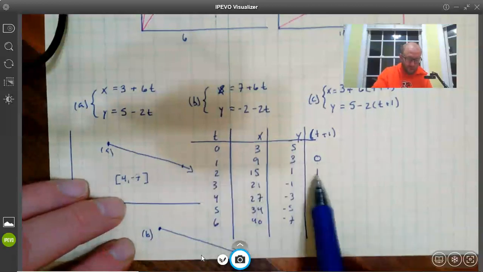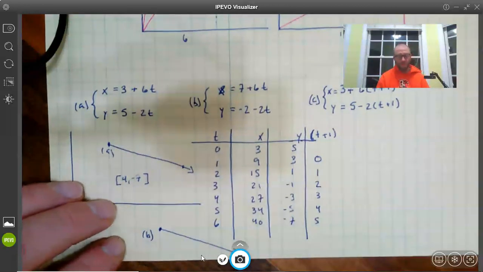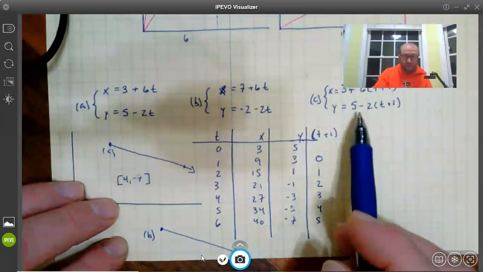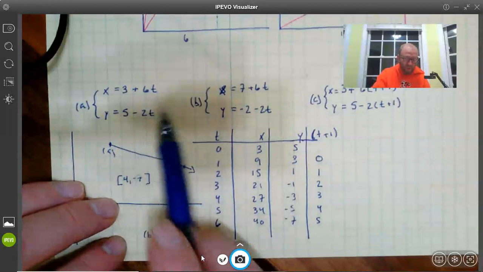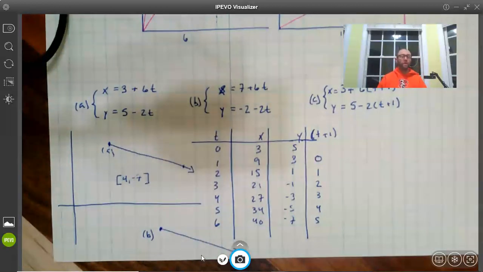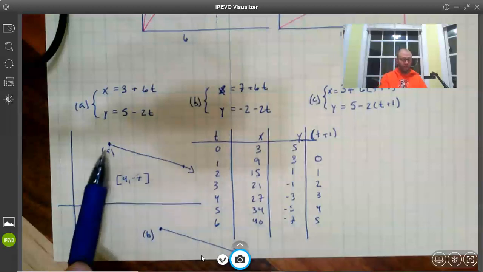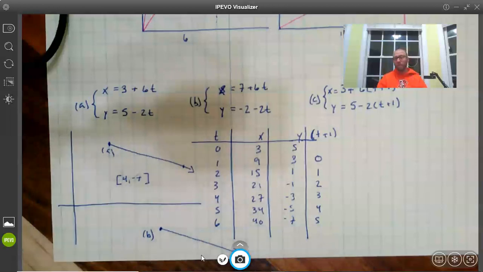We reach this point at t equals 1 instead of at t equals 2, and so on. So this particle here travels the exact same path as this particle, except it reaches all of the points a little bit earlier. There are some points down here too; we get those with negative time, but whatever.